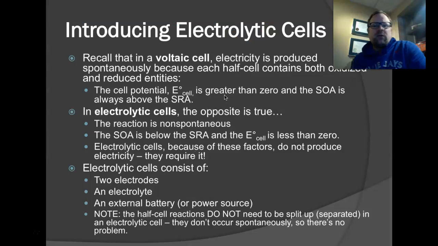So let me introduce you to electrolytic cells, and this will be a bit of a review of some voltaic cell material, which is good if you haven't watched that first voltaic cell video recently. Recall that in a voltaic cell, electricity is produced, and that word produced is important.